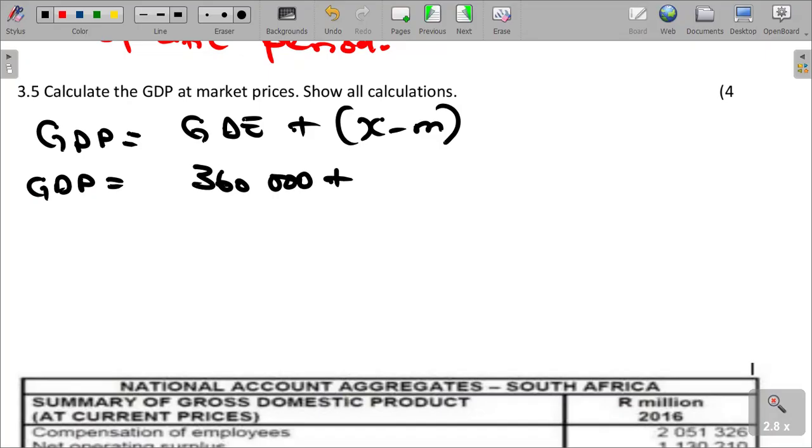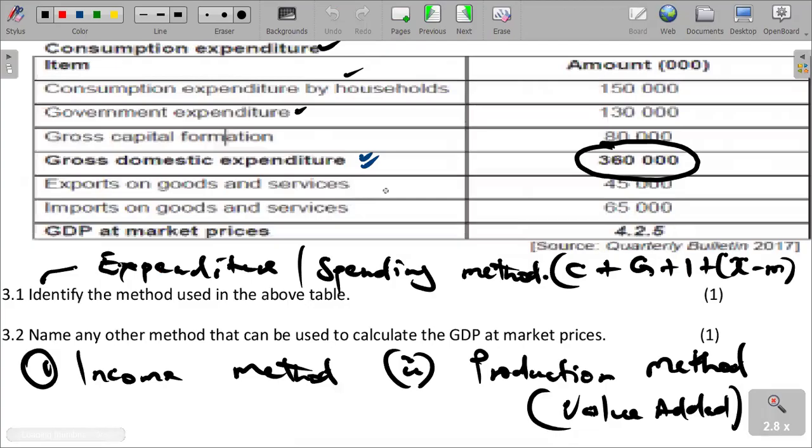Our exports are also given in the question. The exports on goods and services are 45,000. And then imports on goods and services are 65,000. We are using these two in the calculation that we are doing: exports minus imports.